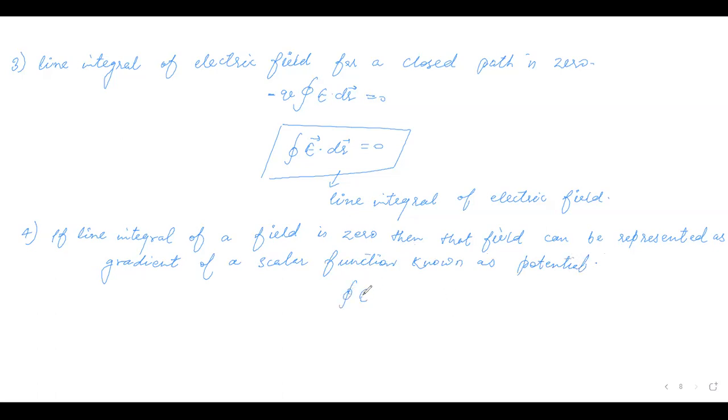I mean, if the integration of E dot dr is 0, then we can write E is equal to minus d/dr of V. This is your scalar electric potential. Note it down, please. We will use all of these equations in the further part.